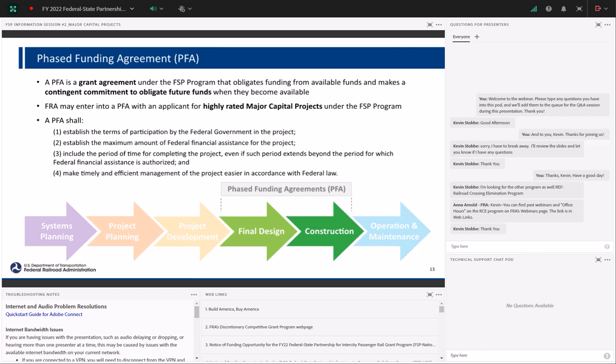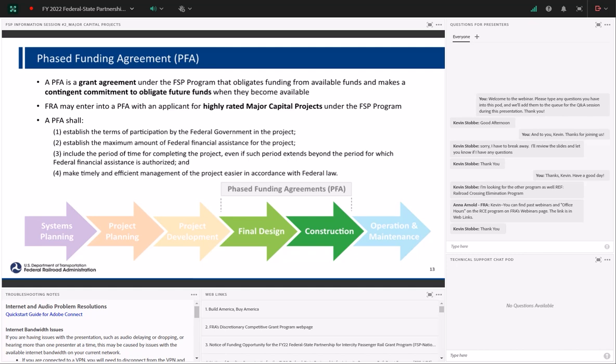FRA may enter into a PFA with an applicant who has a highly rated major capital project under the FSP program. And the key features of the PFA: it establishes the terms of participation by the federal government in the project.